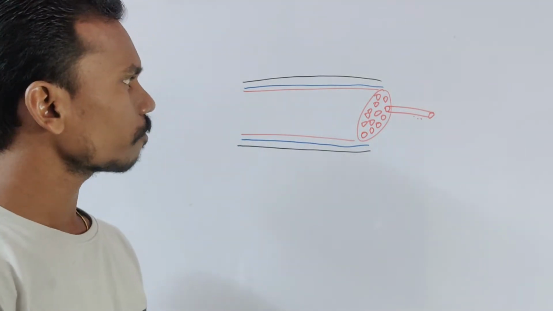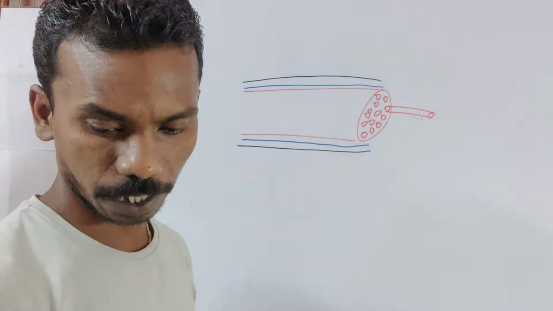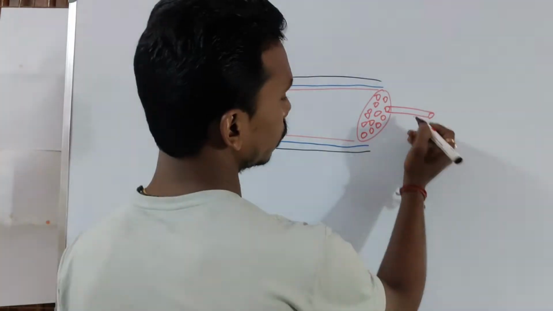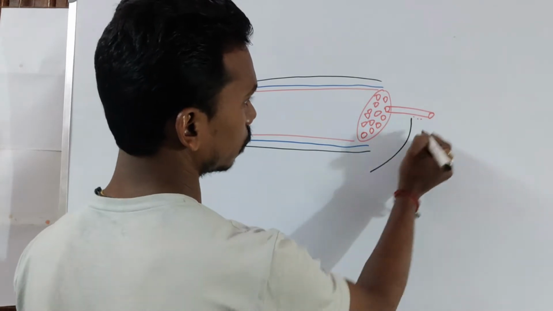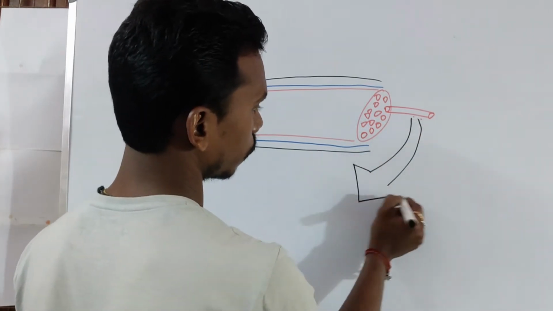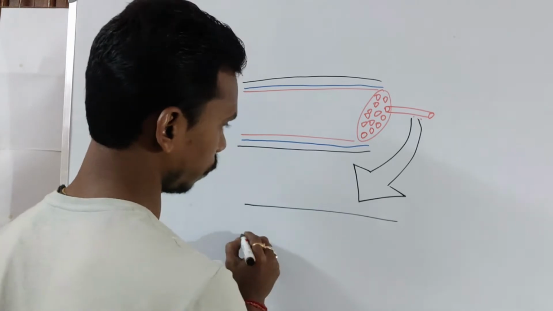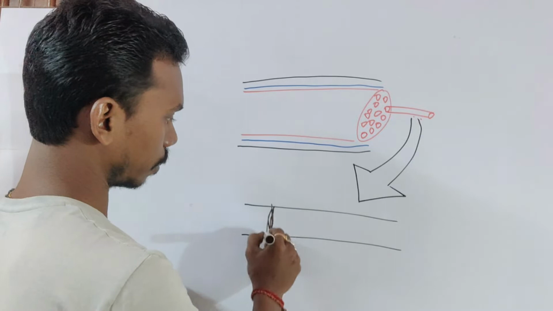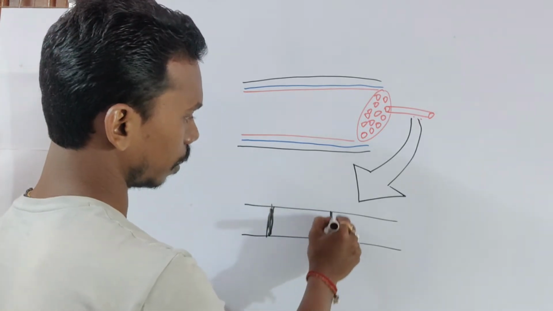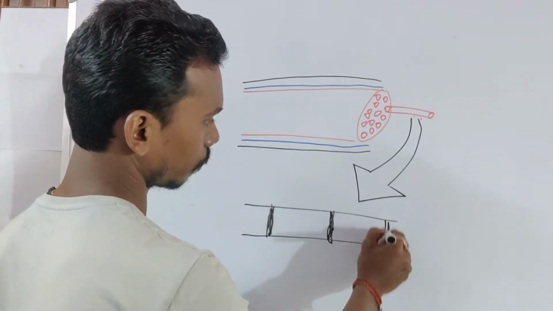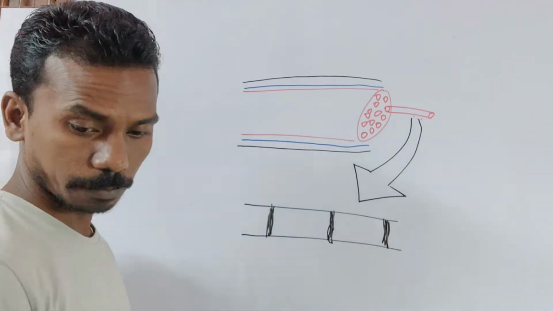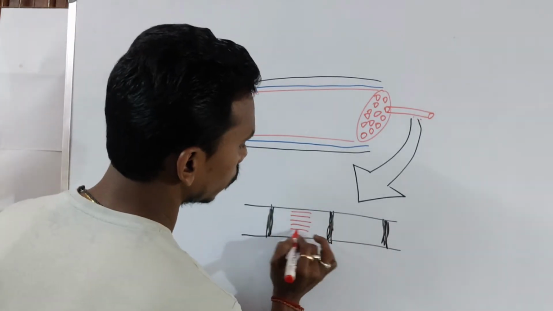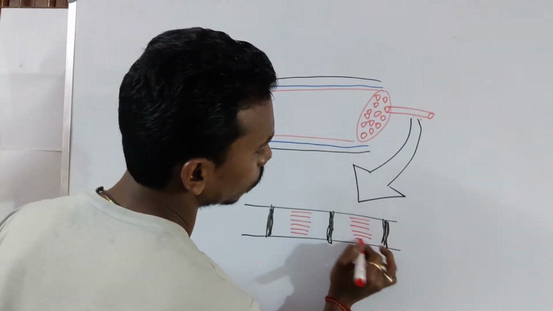When you see these muscle fibers and then these myofibrils, you will see it like this. If you elongate this one, you will see consecutive dark lines, and in between these dark lines, you'll see some bands.